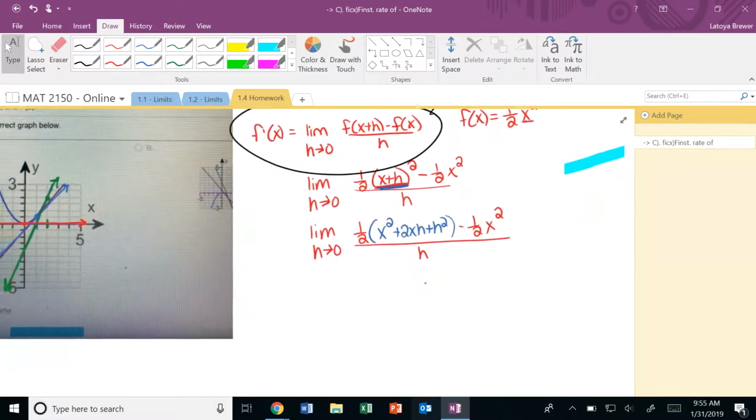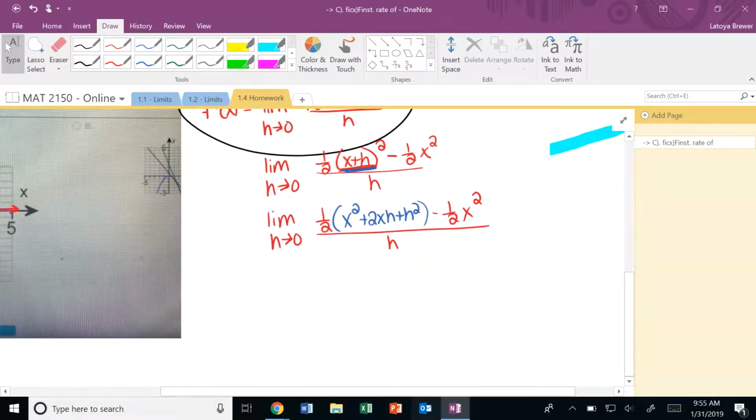So I just want to make a note that we need to work on our algebra skills. If there's anything we know we're having trouble with in algebra, we need to work on it because it will show through in these problems. Calculus is algebra. That's it. So we make sure we work on our algebra skills. Okay, so let's finish this.